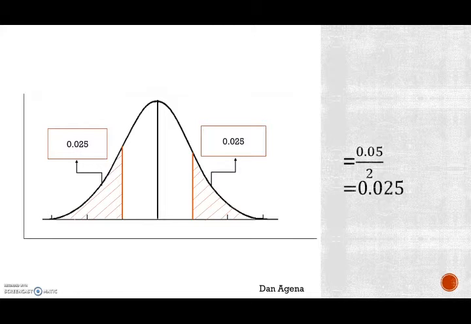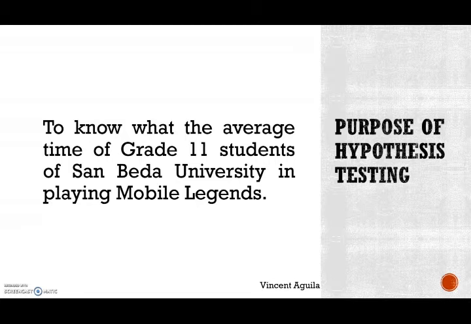Knowing that the problem is a two-tailed test, we must divide 0.05 by 2. Now, it is equal to 0.025. Our purpose of hypothesis testing is to know what the average time of grade 11 students of San Beda University is in playing Mobile Legends.